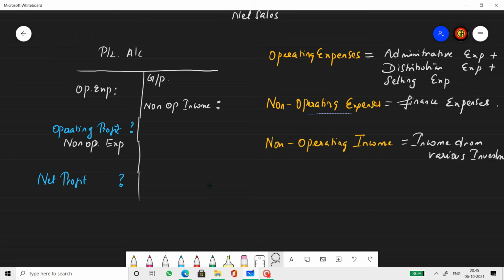And non-operating expenses are the ones which are financial in nature, which means interest on loan borrowed, loss on sale of fixed asset. So loss on sale of fixed asset is also a non-operating expense.